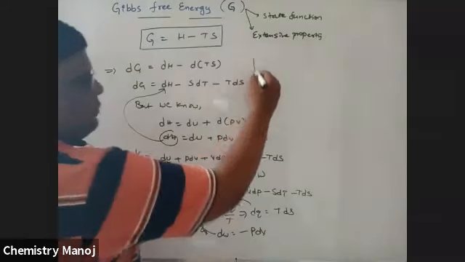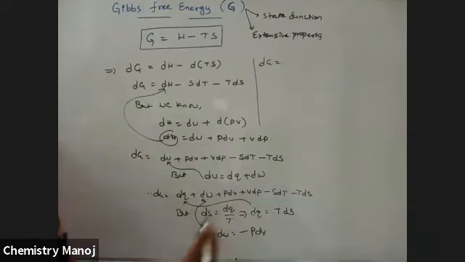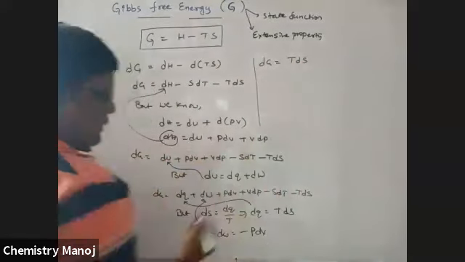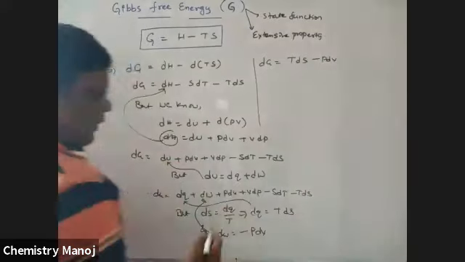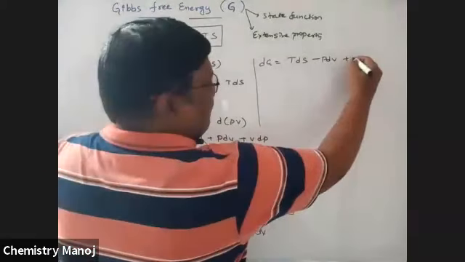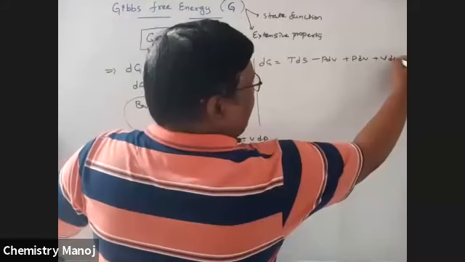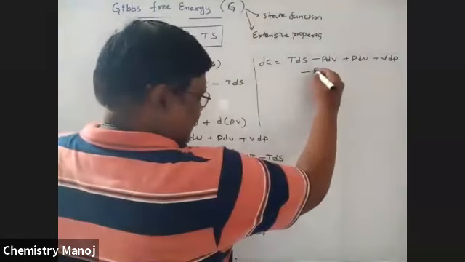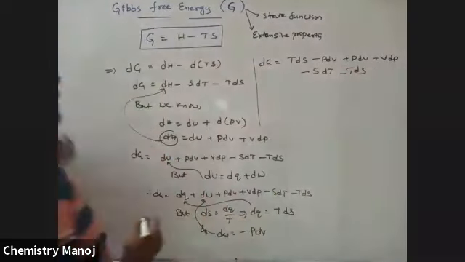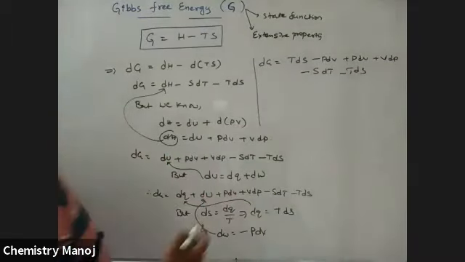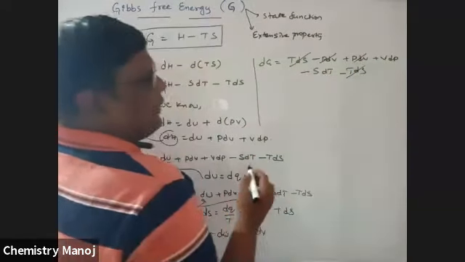So we will get dG is equal to dq, that is T dS, plus dw, that is minus P dV, plus P dV plus V dP minus S dT minus T dS. Therefore, plus T dS minus T dS cancel, and minus P dV plus P dV cancel.